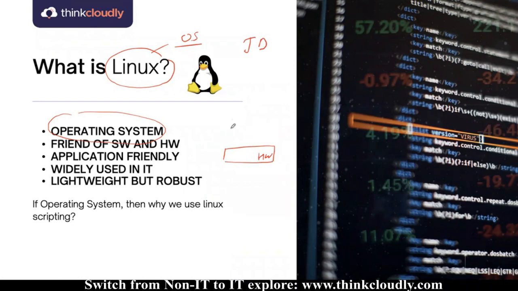Now there is software, like Netflix. Everyone uses Netflix, Amazon Prime, Amazon.com, an e-commerce website, Thinkcloudly.com. These are the software. Now how will these applications know how much RAM to use, how much CPU to use, or how to use it?